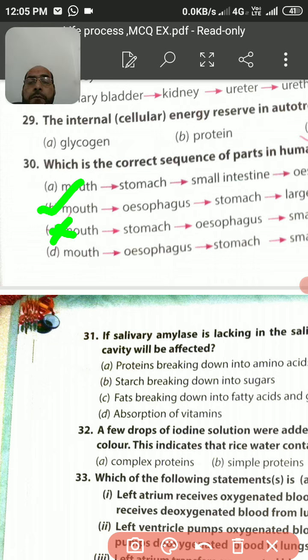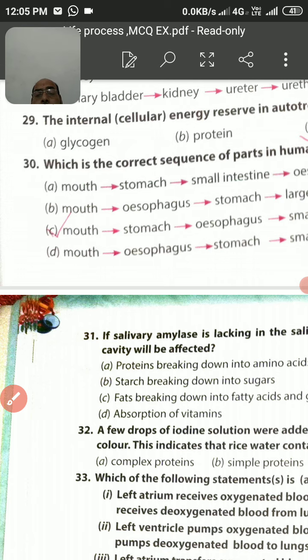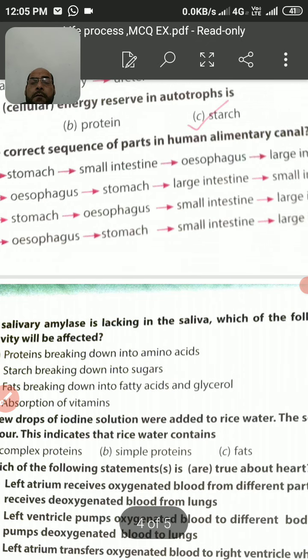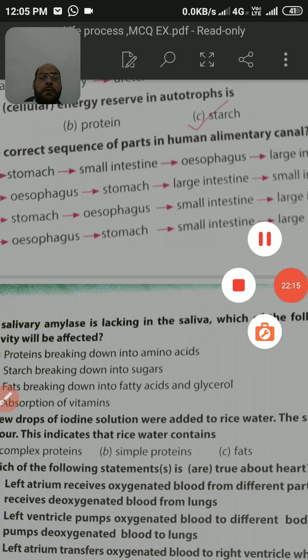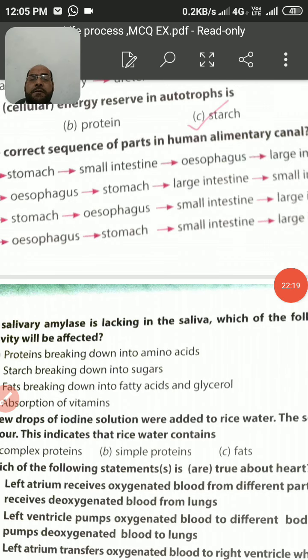You have to know this thing. So dear students, from question number 31 onward, you will be able to do the things at your home as a home exercise.